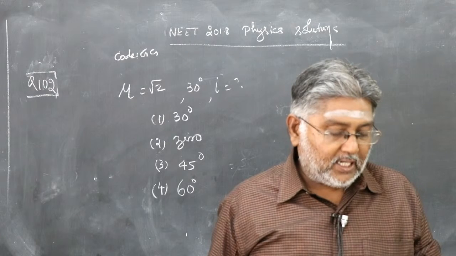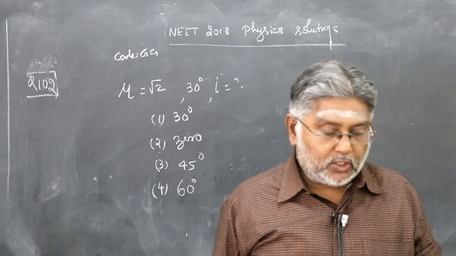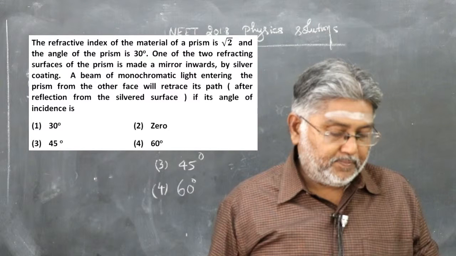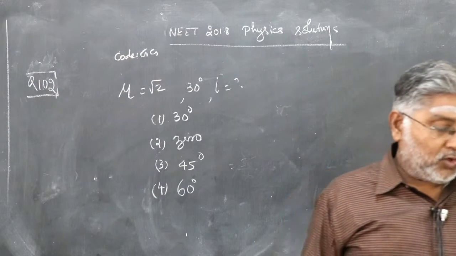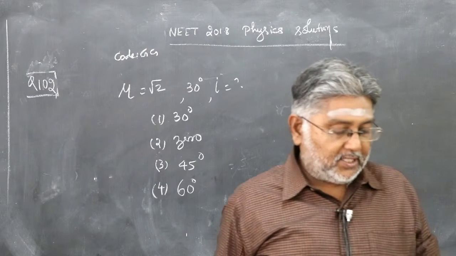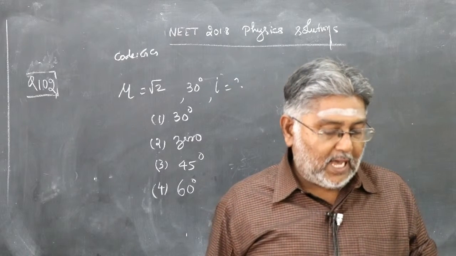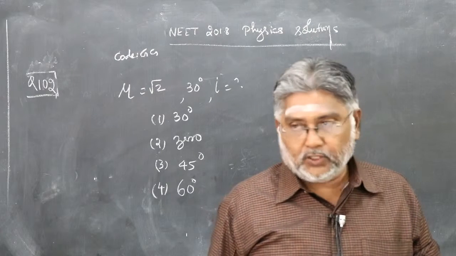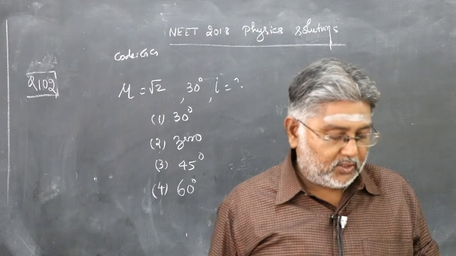One of the two refracting surfaces of the prism is made a mirror inwards by silver coating. A beam of monochromatic light entering the prism from the other face will retrace the path after reflection from the silvered face if its angle of incidence on the prism is, options: 30 degree, 0, 45 degree, 60 degree.